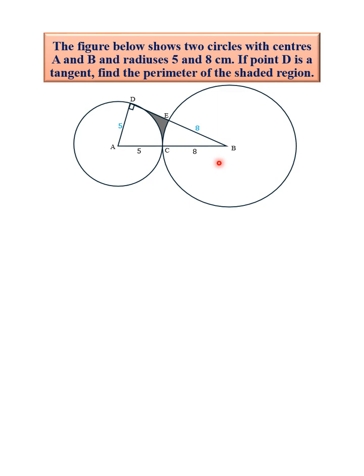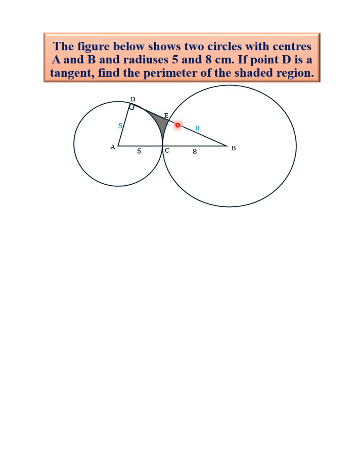Now, we are looking to get the perimeter of this shaded region. The perimeter is the total side bounding this shaded region. It means the length DE, the length of the arc EC, and the length of the bigger arc DC constitute the perimeter of the shaded region.